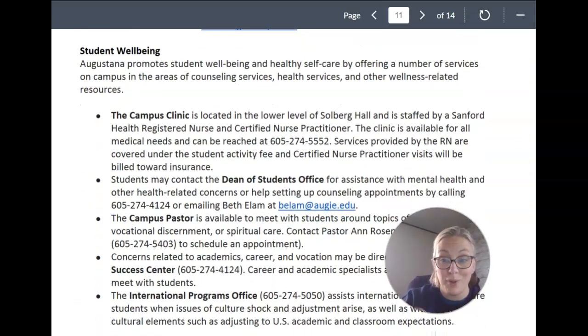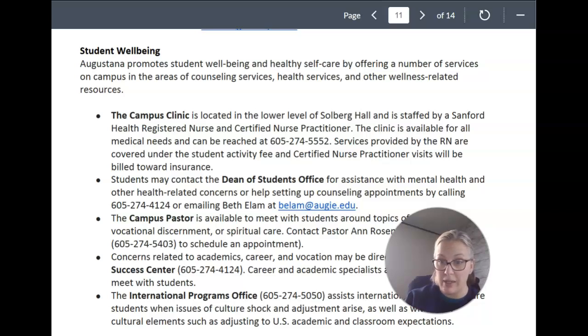Please remember your health and well-being is very important, and you do have access to things on campus, even if you're not here in Sioux Falls, and your well-being is very important to us as faculty as well. If you have anxiety, if you're just killing yourself trying to get through this program, if you're feeling whatever you're feeling and you need to communicate with us, that's what we want as faculty, to work with you and figure it out.